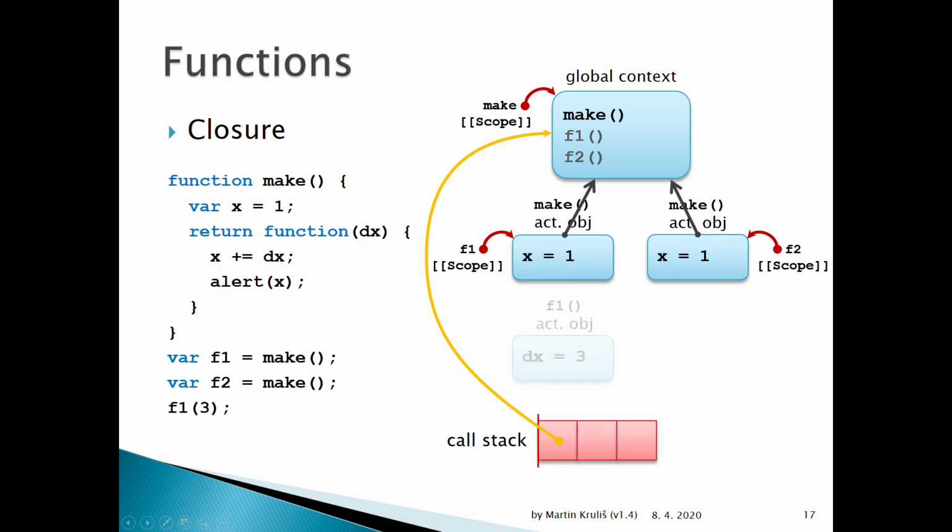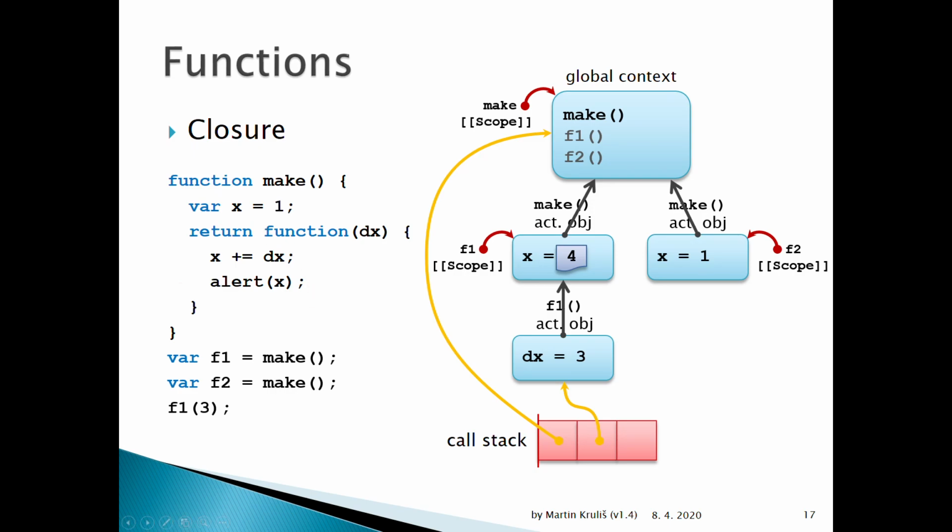So now, if we try to invoke the f1 function with some particular argument, of course an activation object is created. Since this internal function has no local variables but it has one parameter dx, this parameter is initialized in the activation object and passed down to the function.